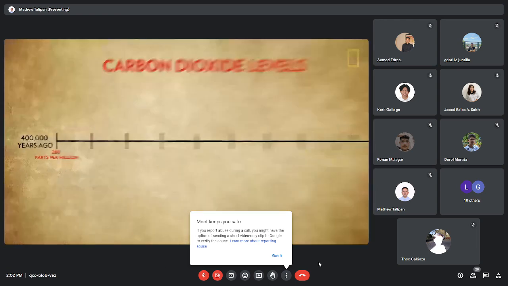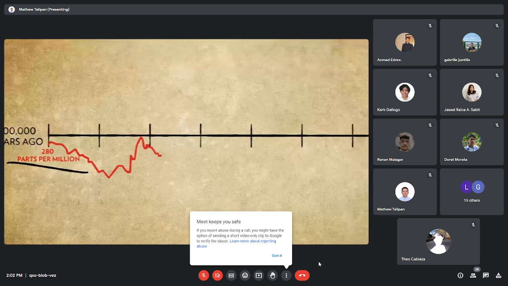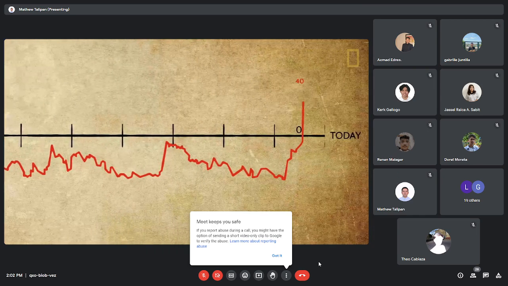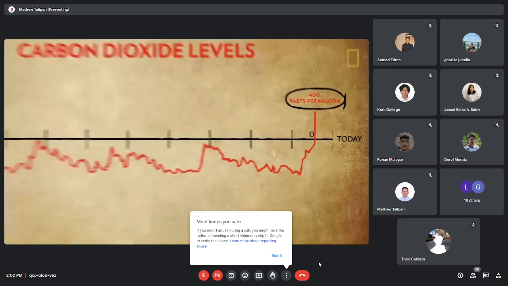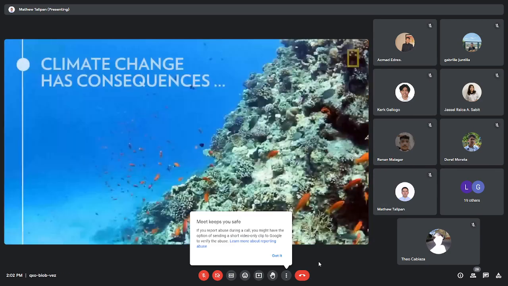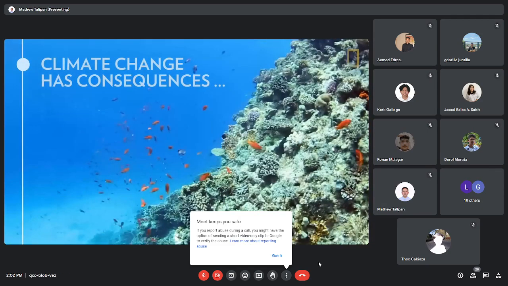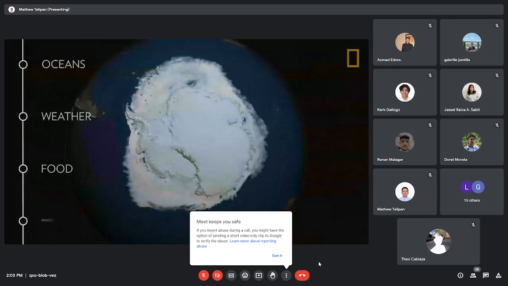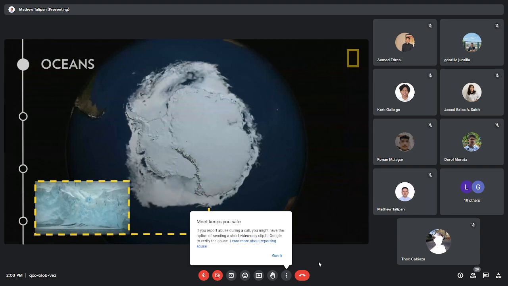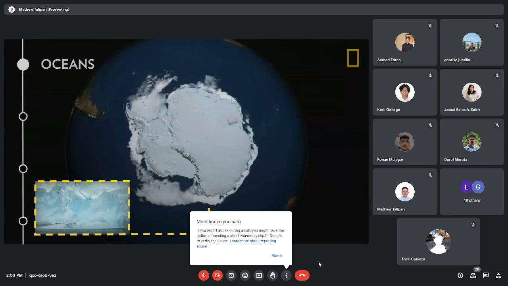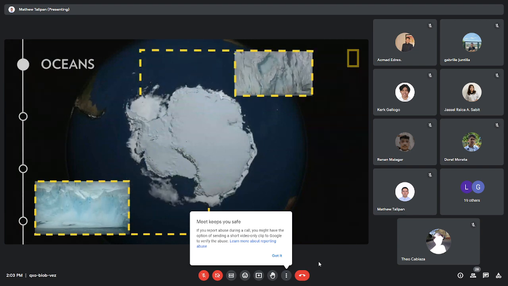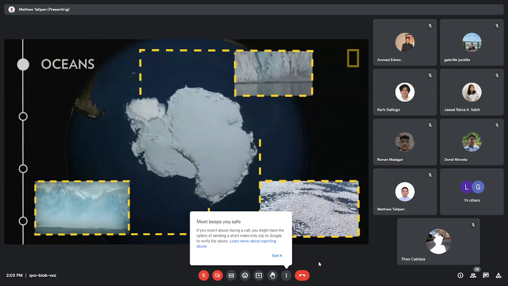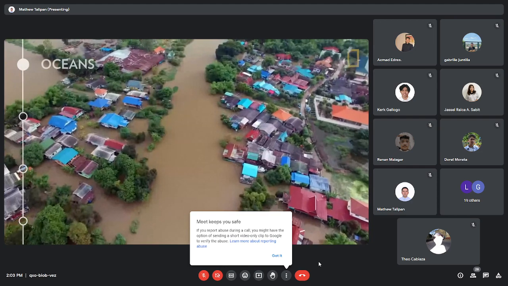While Earth's climate has fluctuated in the past, atmospheric carbon dioxide hasn't reached today's levels in hundreds of thousands of years. Climate change has consequences for our oceans, our weather, our food sources, and our health. Ice sheets, such as Greenland and Antarctica, are melting. The extra water that was once held in glaciers causes sea levels to rise and spills out of the oceans, flooding coastal regions.